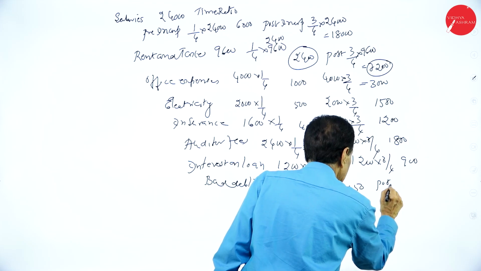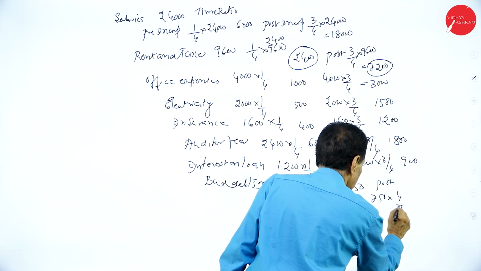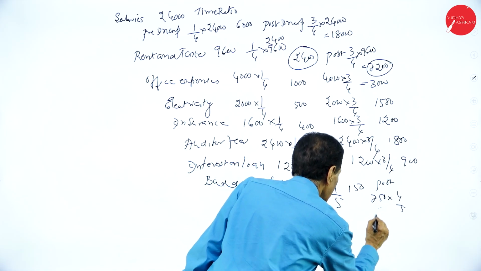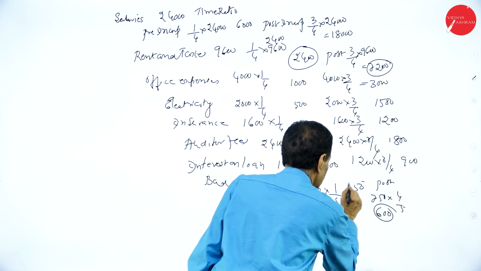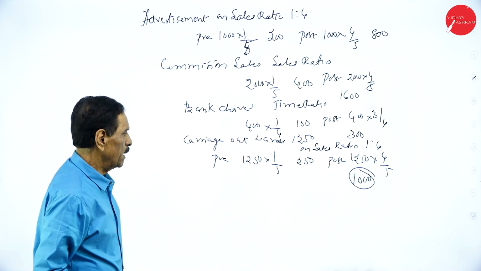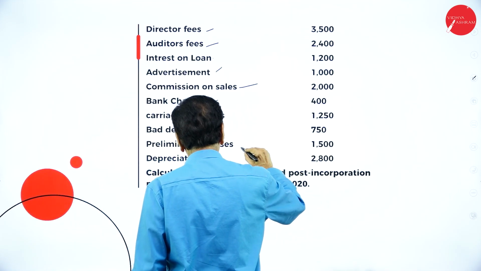Post: 750 into 4 by 5, 600. Now pre-incorporation is over. So preliminary expenses are charged to post.